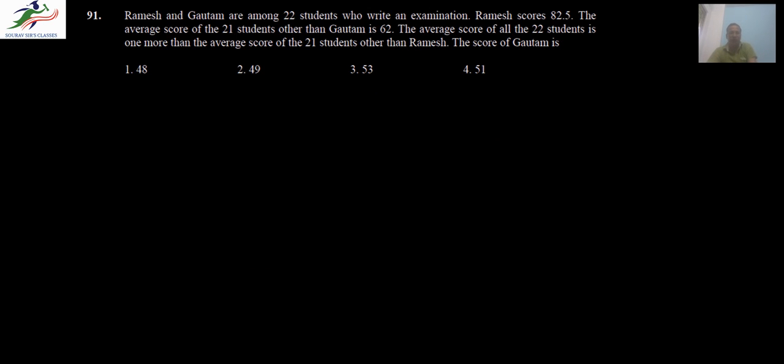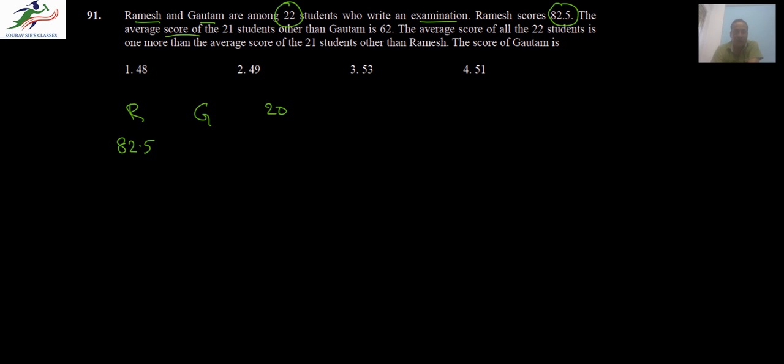So we come to the next question, which says Ramesh and Gautam are among the 22 students who write an examination. Ramesh scores 82.5. So we have Ramesh, Gautam, and 20 other people who appeared in the examination, and Ramesh scored 82.5.